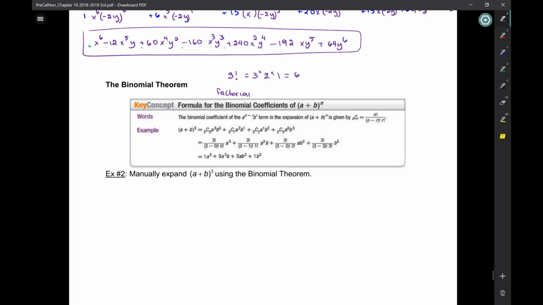And one thing you need to remember, and I'll go over it one time when I'm with you guys, is 0 factorial is always 1. Okay? So 0 factorial is always 1. Okay, now, the binomial theorem says this.